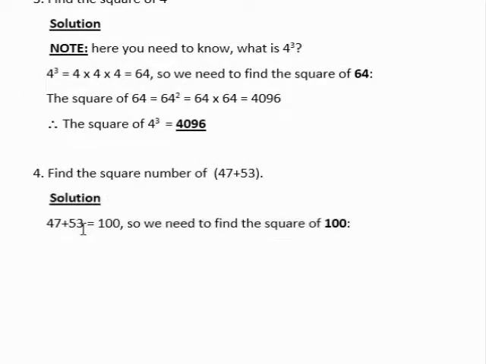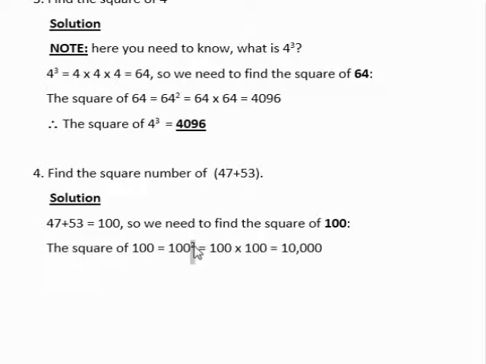47 plus 53 is equal to 100. When we add this, we get 100. So we need to find the square of that 100. Now it is the same as saying find the square number of 100. Therefore, we do as follows. The square of 100 is equal to 100 power 2.